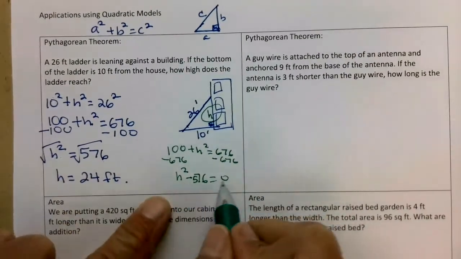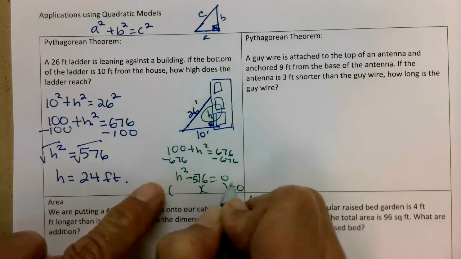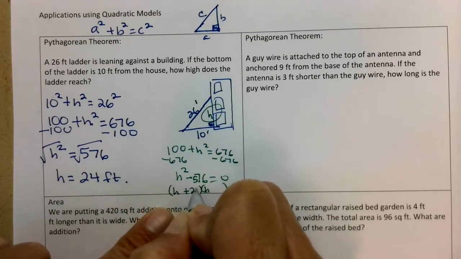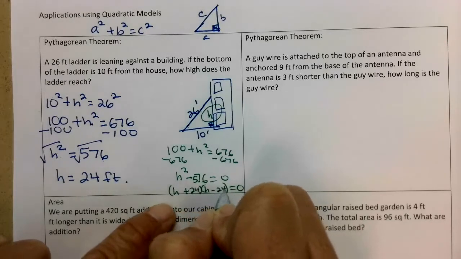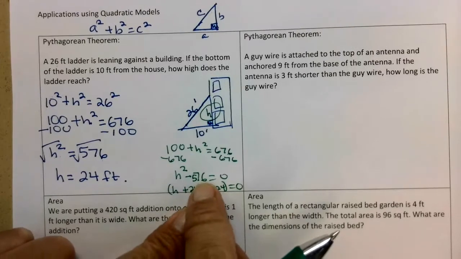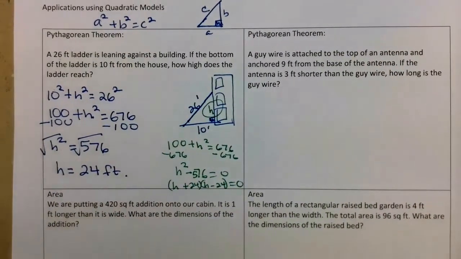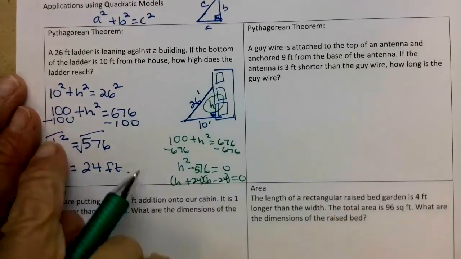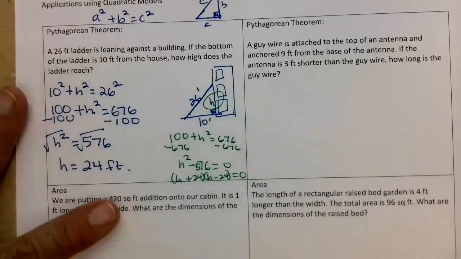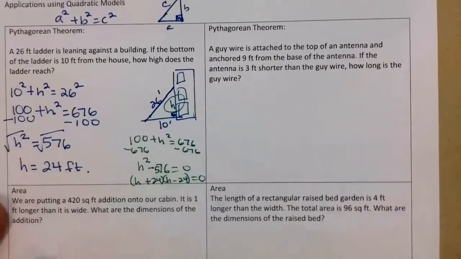So you could have gone this way and then factored. This would have been a plus and a minus, so plus 24 and minus 24. But I knew I wasn't going to come up with factors of 576. I just didn't know what they were. So I knew I had this square root idea that I could use because I didn't have any h to the first power term.